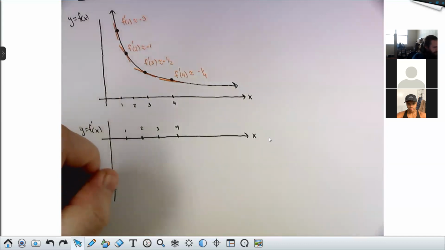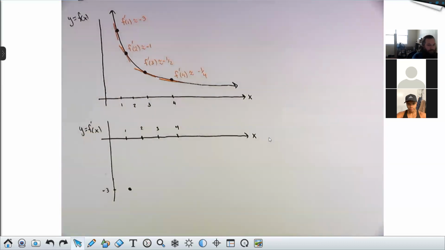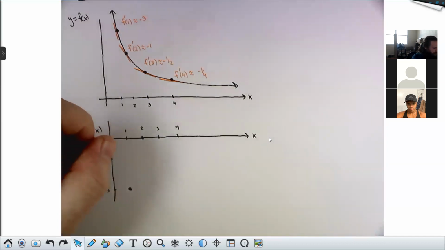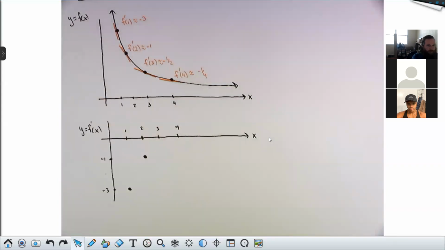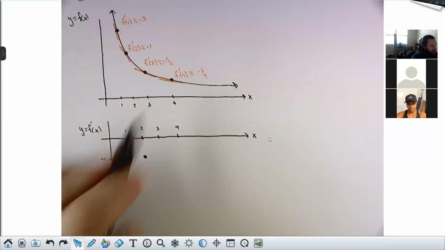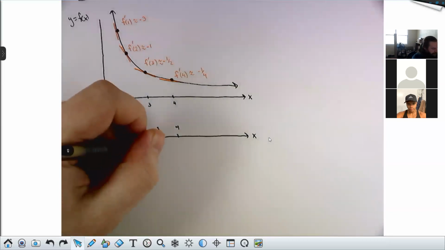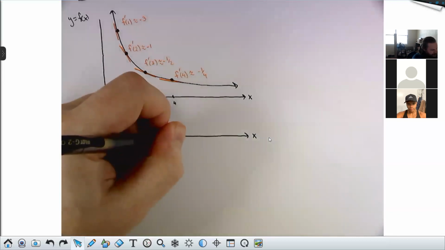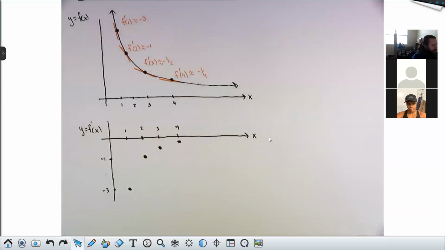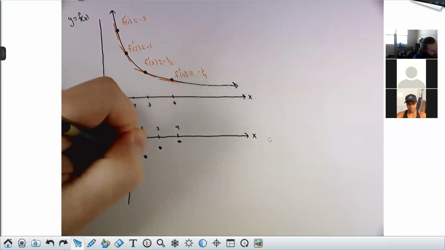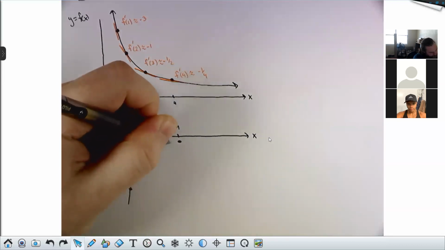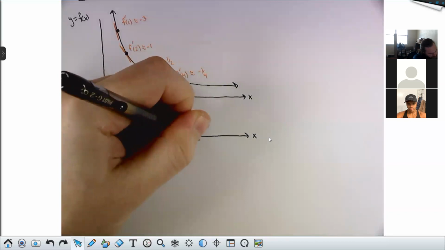So the point (1, -3) would be on the graph of f prime. F prime of 2, I said, looks to be about negative 1, so (2, -1) would be on the graph. F prime of 3 we said is like -1/2, so that's something like this. And f prime of 4 is like -1/4. So here's what the graph of f prime looks like, something like this.